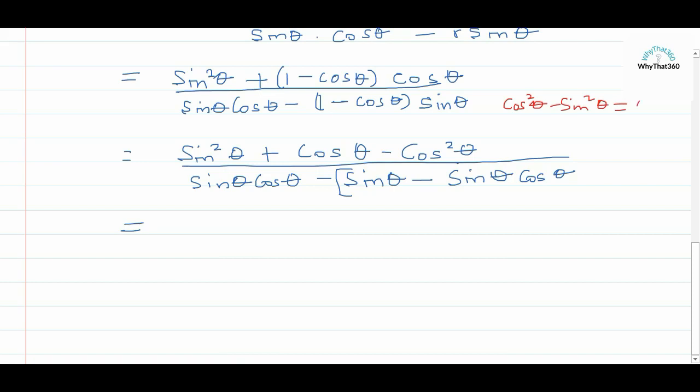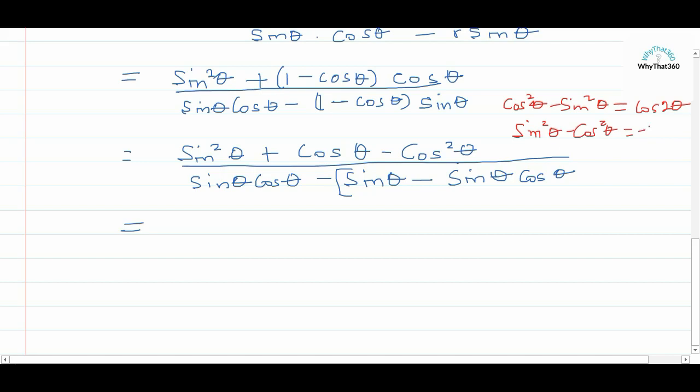So we can say sine squared theta minus cos squared theta will be equal to negative cos 2 theta. So we will go ahead and then substitute that here. We have sine squared theta minus cos squared theta. We know that one to be minus cos 2 theta.